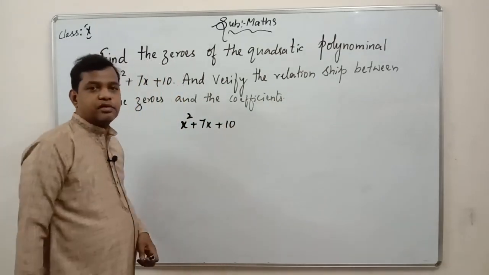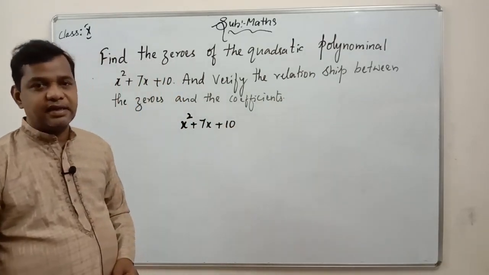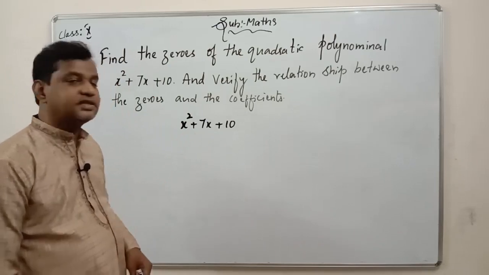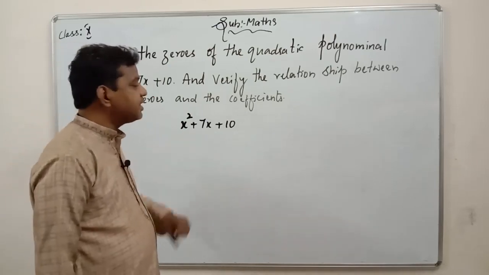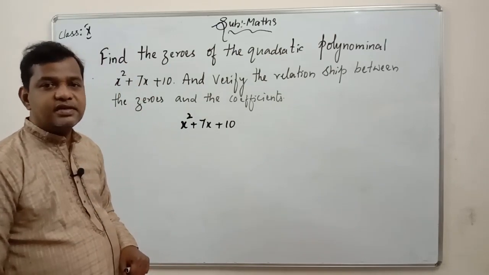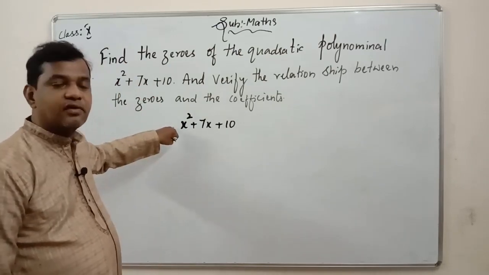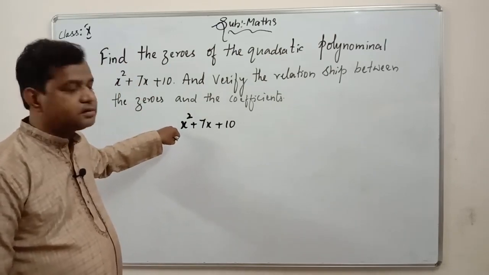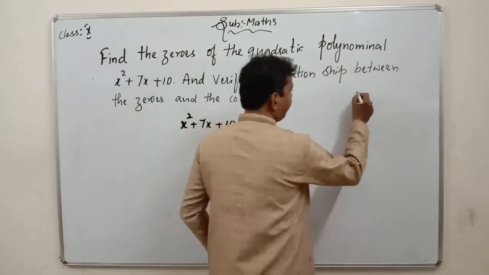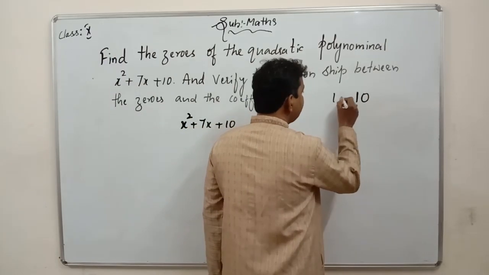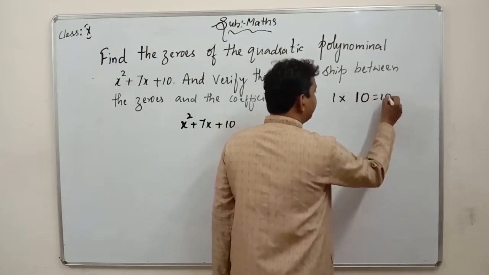I told you it should be in a splitting method. First split the middle term, which is 7x. First multiply the coefficient of x square, which is 1, into 10. How much? It is 10.